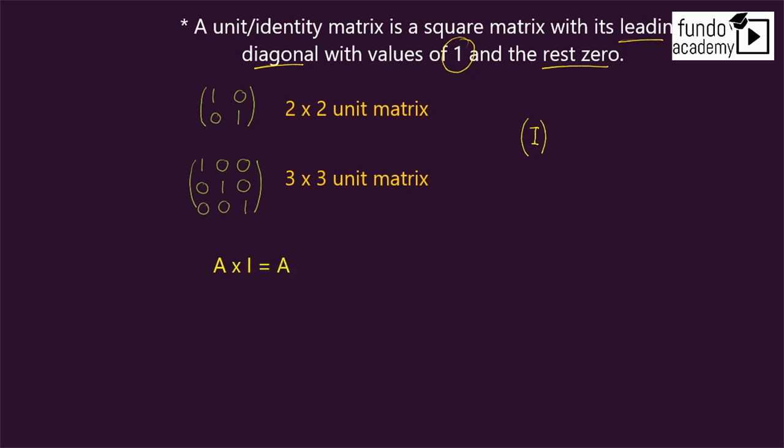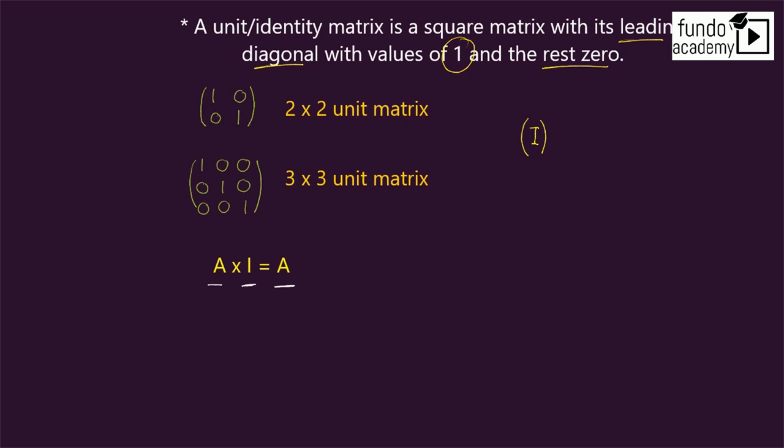Now if you multiply any matrix by the identity matrix or unit matrix, you're still gonna get that matrix back. So matrix A multiplied by matrix I gives us matrix A. Why?